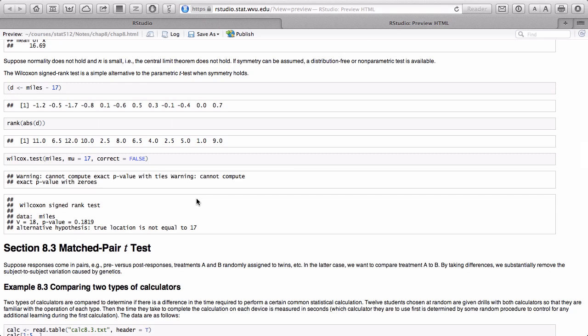Now this causes some slight problem in terms of the approximate test we're doing. Likewise at 6 and 7, so we averaged the two 6s and 7s. So the Wilcoxon test, as computed in the book, is different than what's computed here.